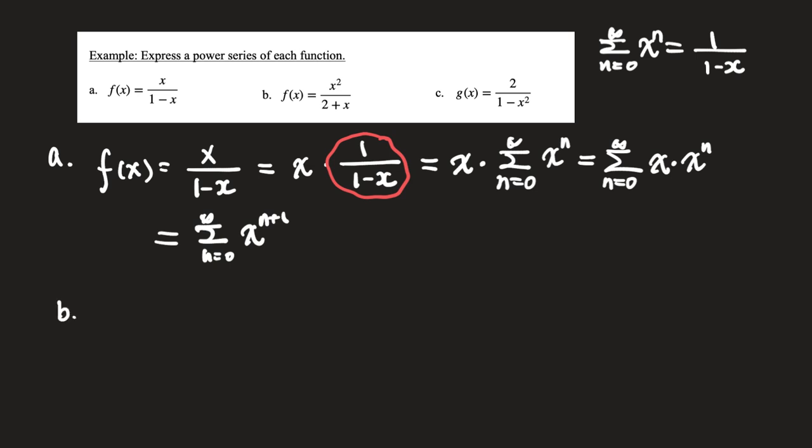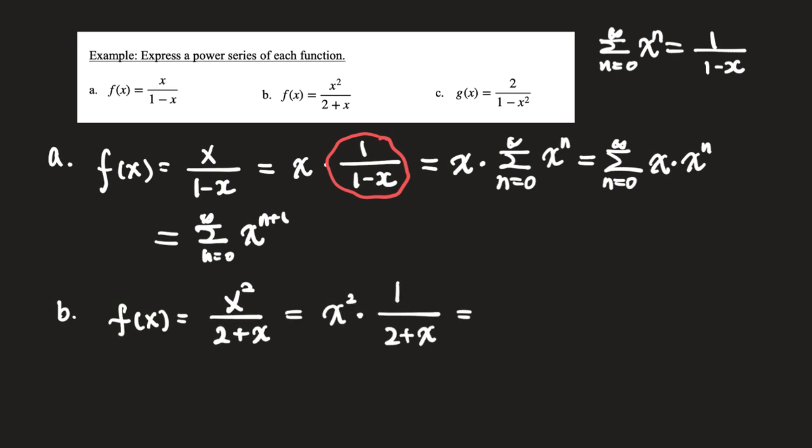Okay, so before we start, guys, for this one, rewrite this function first. f of x equals x squared over 2 plus x, which is x squared times 1 over 2 plus x, right?